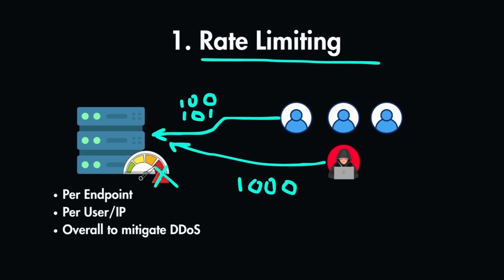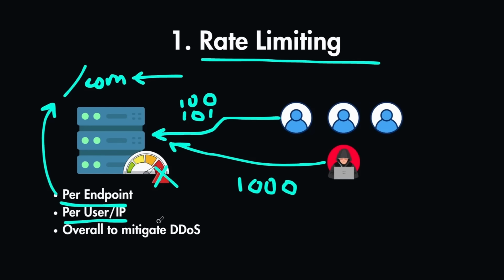And these rate limits can be set per endpoint. For instance, let's say you have some /comments endpoint, and here they can send a request to either create a comment or fetch comments. You can set that limit at the endpoint level, so this comments endpoint will be set to some strict number of requests per minute. You can also set it per user or IP address.